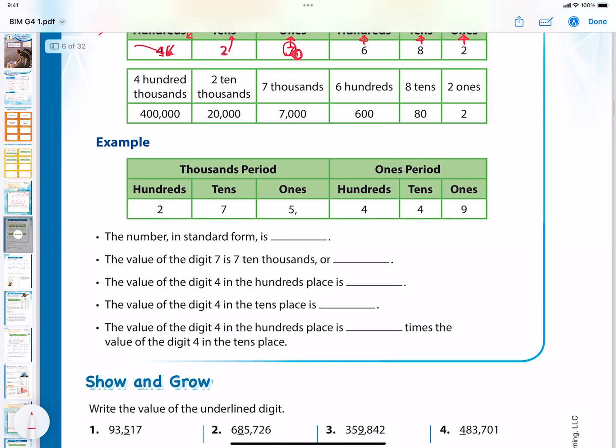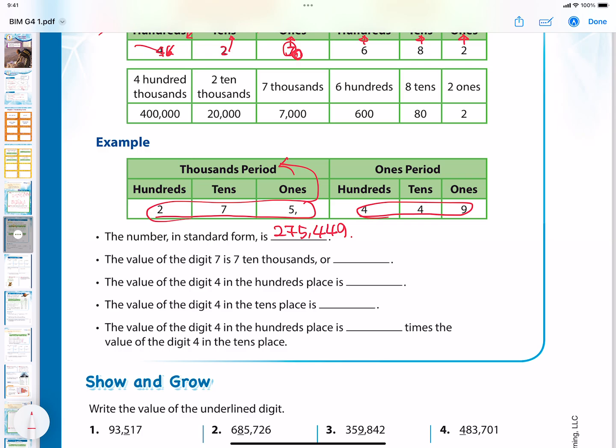Now, example. You have this thousands period and ones period. 275,000, 449. You don't have to say ones. So the number in standard form is, we know standard form, you are going to just write the numbers as you see. That's the standard form.